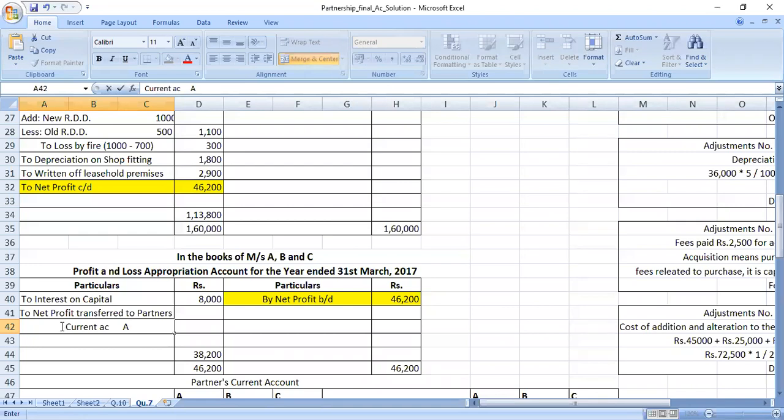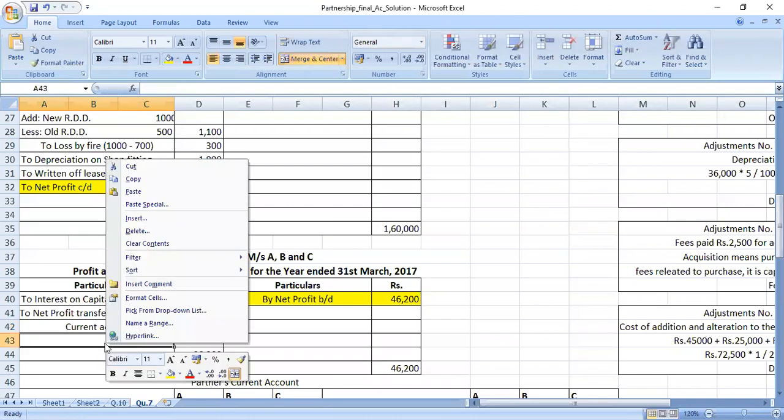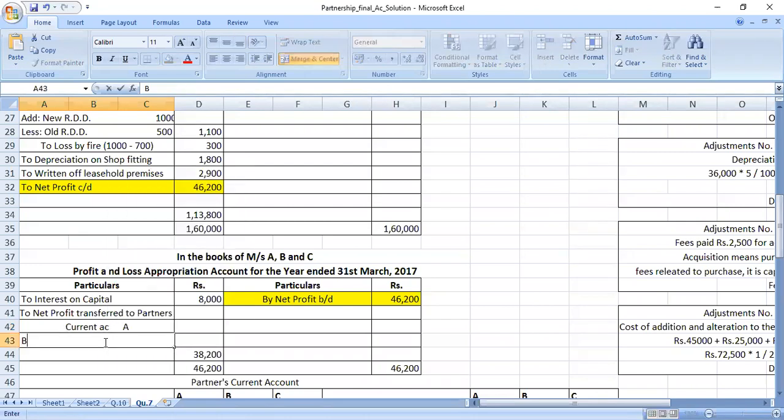Partner A, then partner B, and partner C.